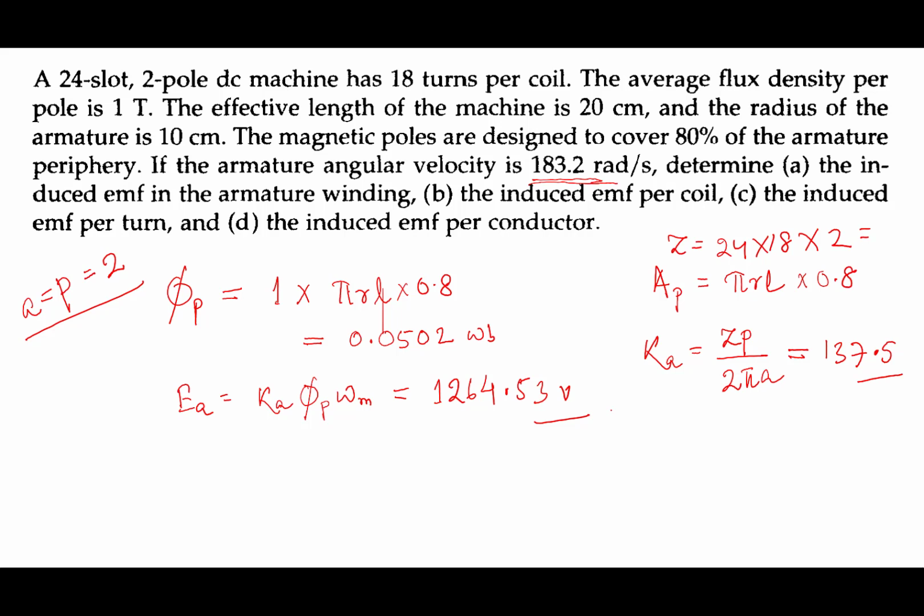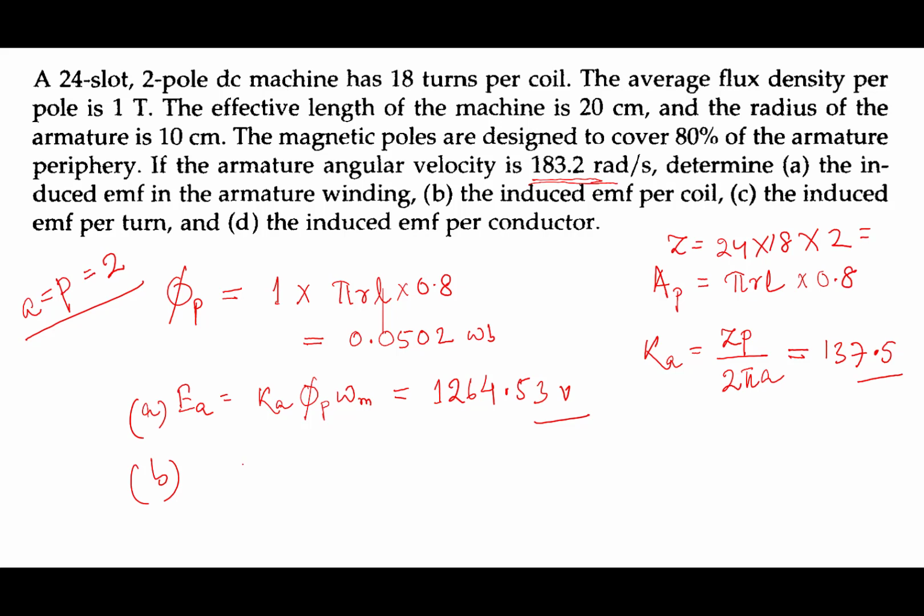Okay. Now coming to the B, induced EMF for coil. So you need to find the number of coils per parallel path. Then you have to find the voltage across each coil.